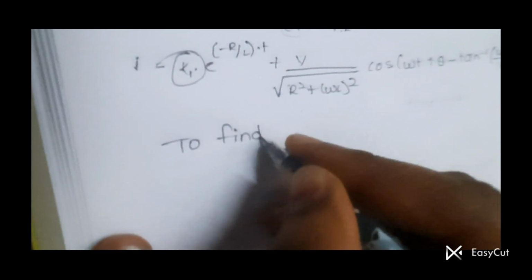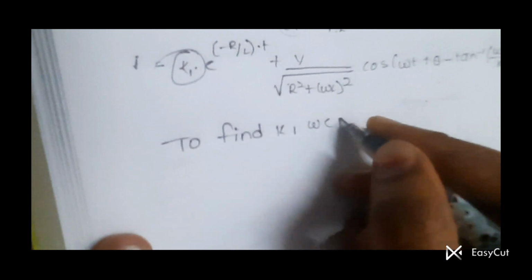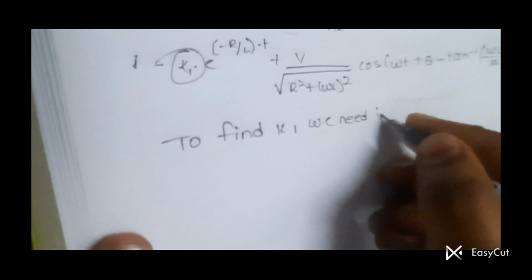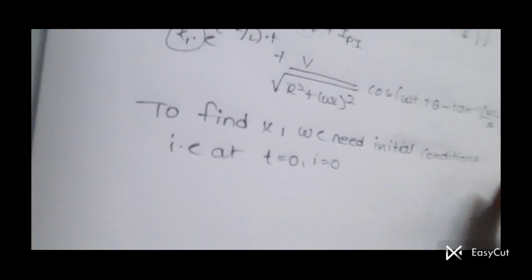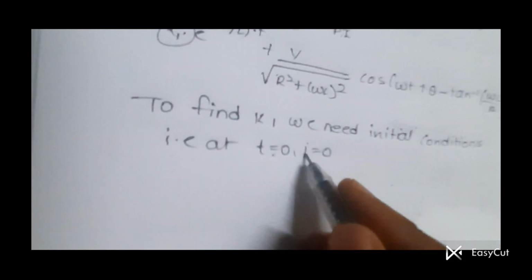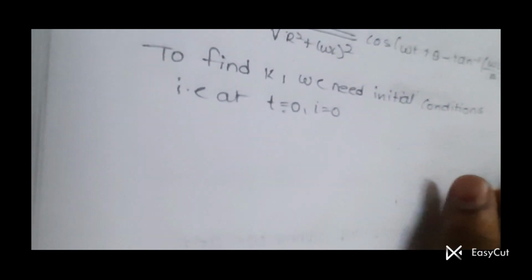To find K1, we need to consider initial conditions. That is, at t equals 0, I equals 0.